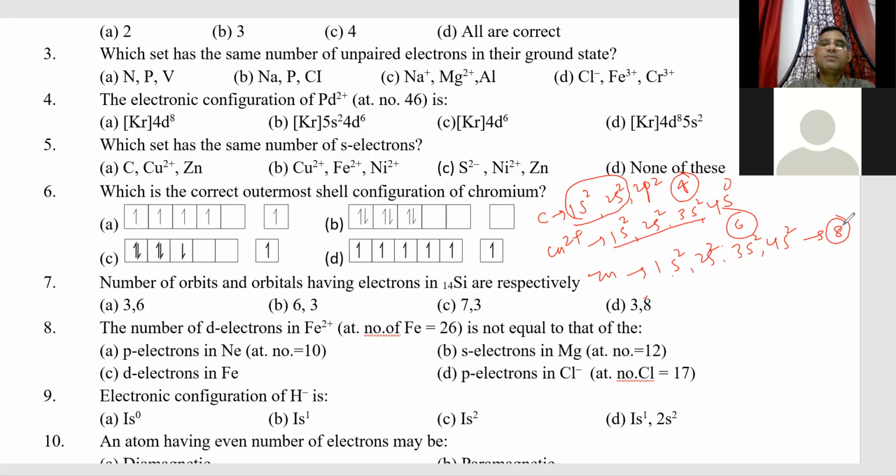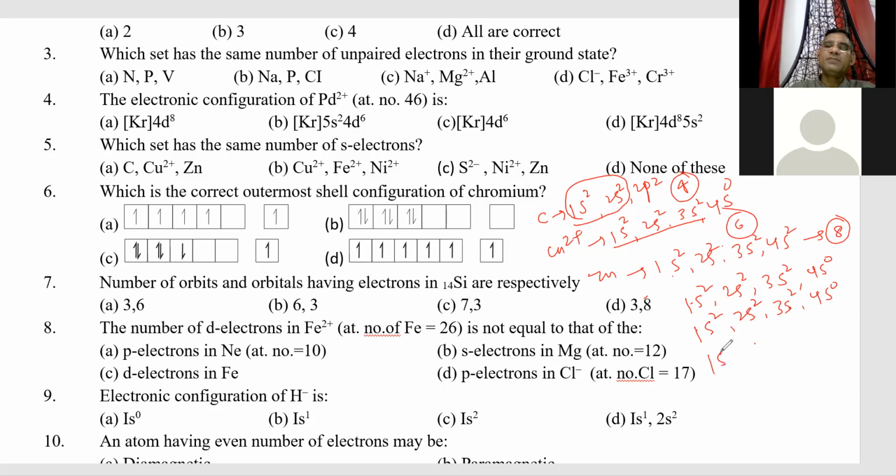Now see the next one. Cu2+ will have 1s2, 2s2, 3s2 and 4s0. And Fe2+ will also have 1s2, 2s2, 3s2 and 4s0. What about Ni2+?